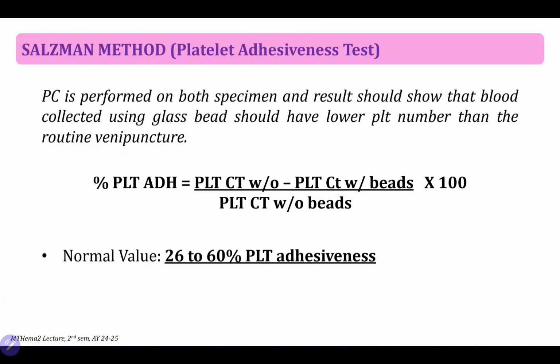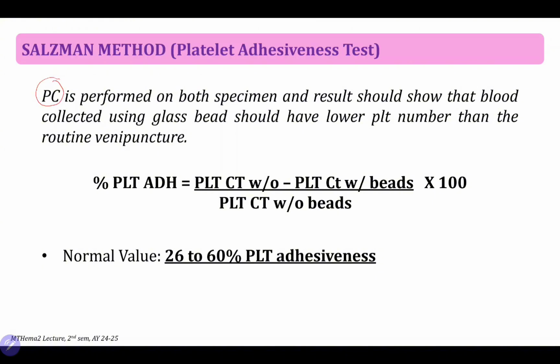Now, from your two EDTA whole blood specimens, you would perform a platelet count, and the number of the platelet count should be noted. Now, the result should show a lower platelet count in the specimen collected in the glass bead compared to the specimen collected in the routine venipuncture.